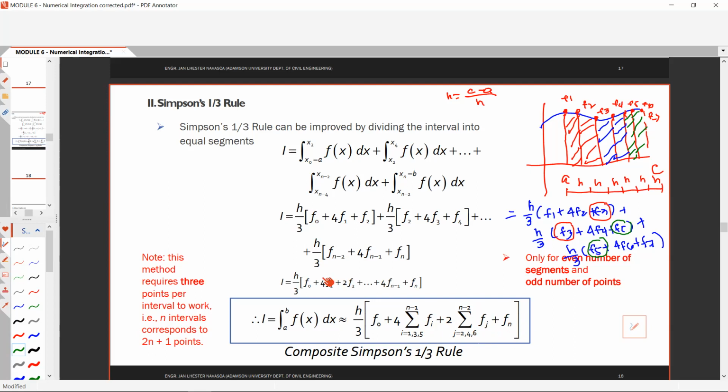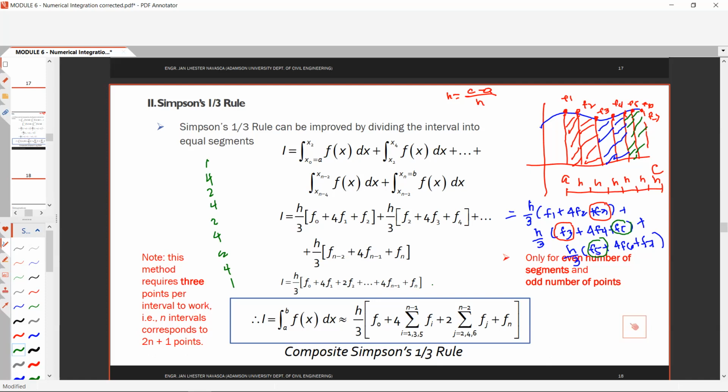Basically, what will happen is we have 1, 4, 2, 4, 1, 4, 2, 4, 2, 4, 2, 4, then the last term is 1. That's all it is.